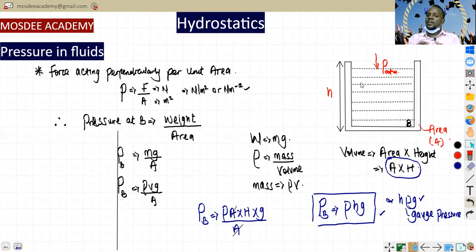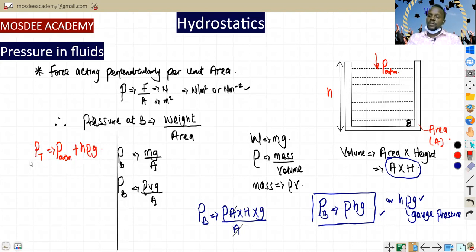So the total pressure throughout the bulk of this container, which I call PT, will now be the atmospheric pressure plus the gauge pressure we have just discussed, which is rho hg, or h rho g, which you are familiar with.